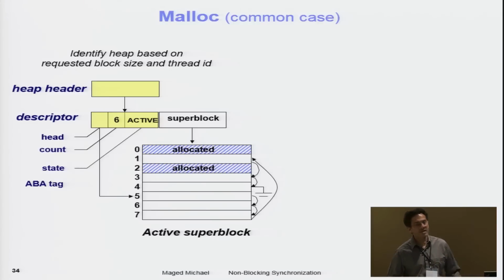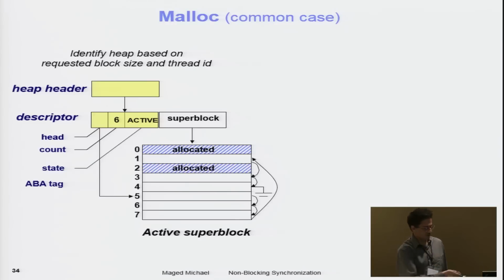It's a more complicated algorithm, so I cannot really show you code on one slide, but I'll show you the common case, the fast path. So you have a superblock, and I want to allocate a new block. This is the descriptor, and this is the heap header that is pointing to the descriptor of that superblock. There are lots of reads.